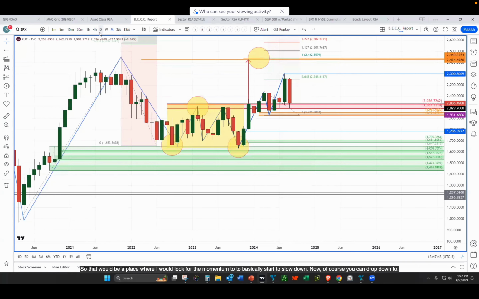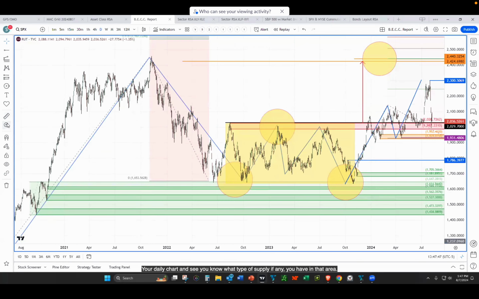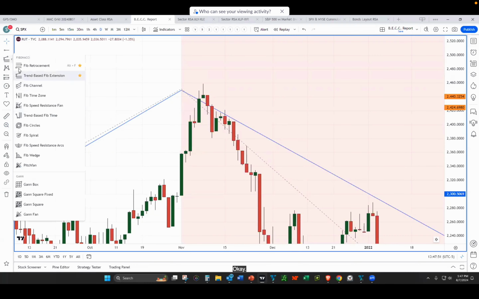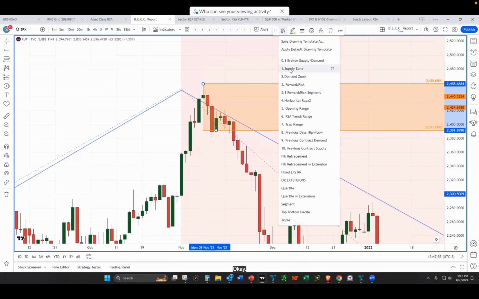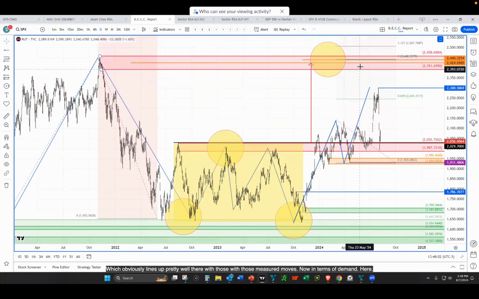Now, of course, you can drop down to your daily chart and see what type of supply, if any, you have in that area. Okay. And that would be around that 23.91 to 24.58, which obviously lines up pretty well there with those measured moves.